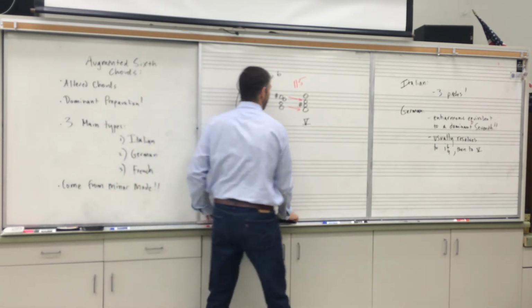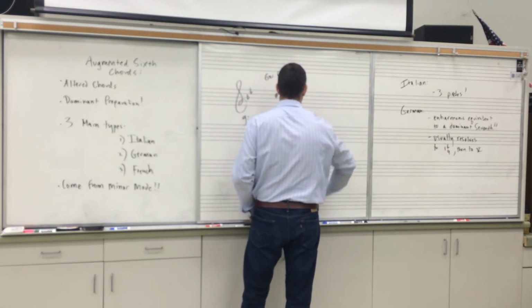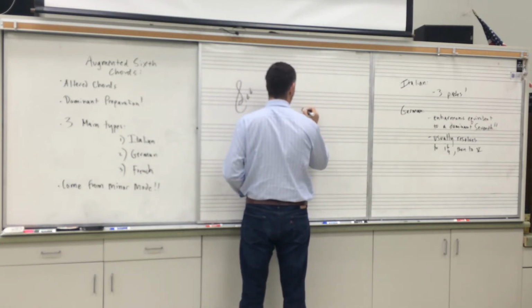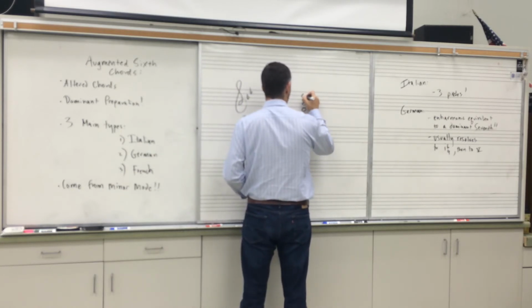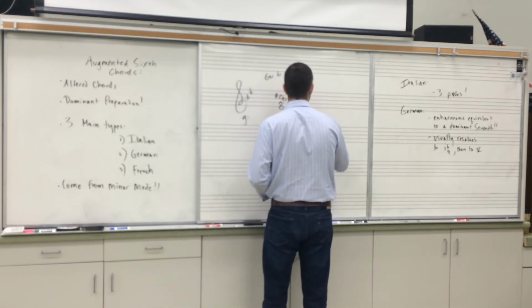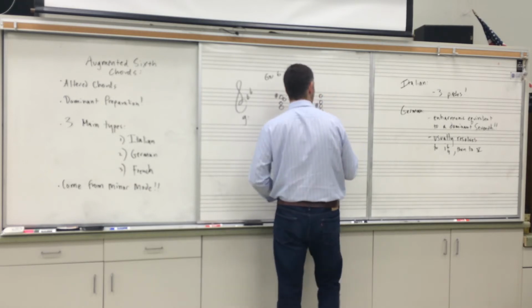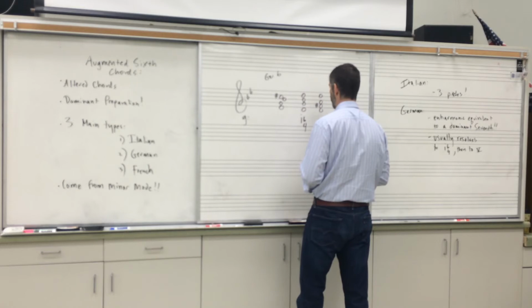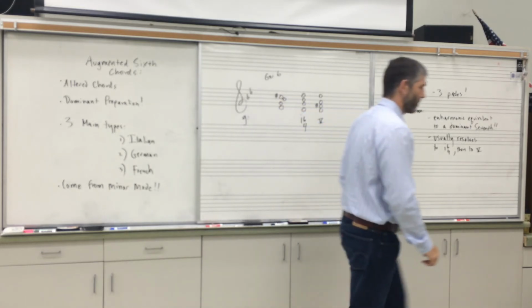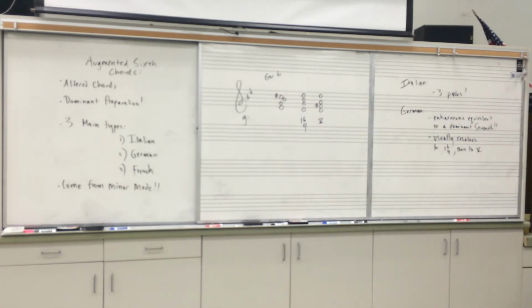So what I would do is sort of tonics of 4, then resolve to 5. So in minor keys: German sixth, tonic 6/4.